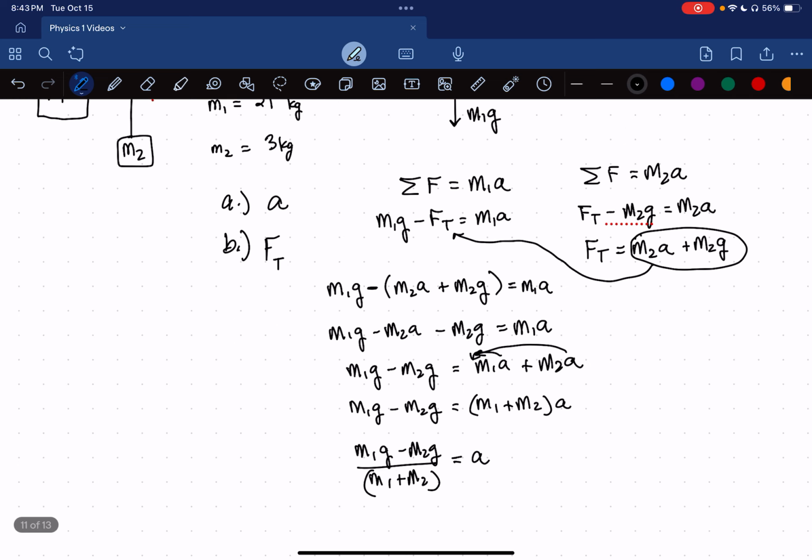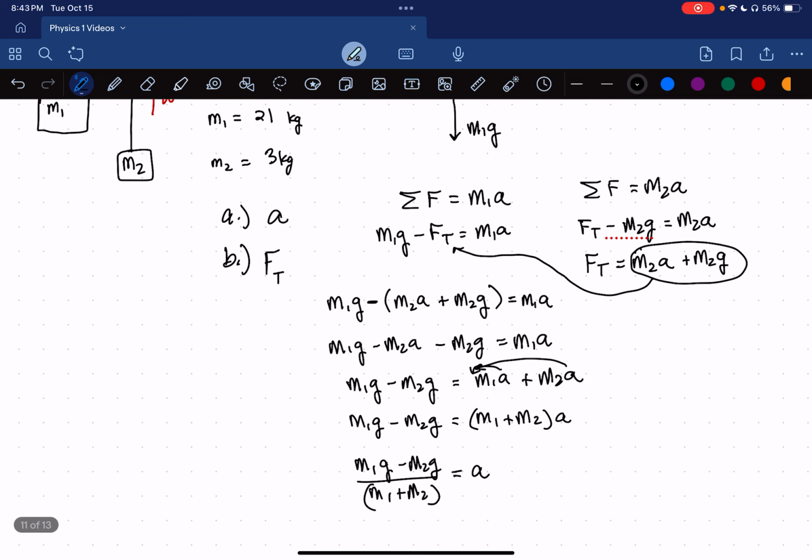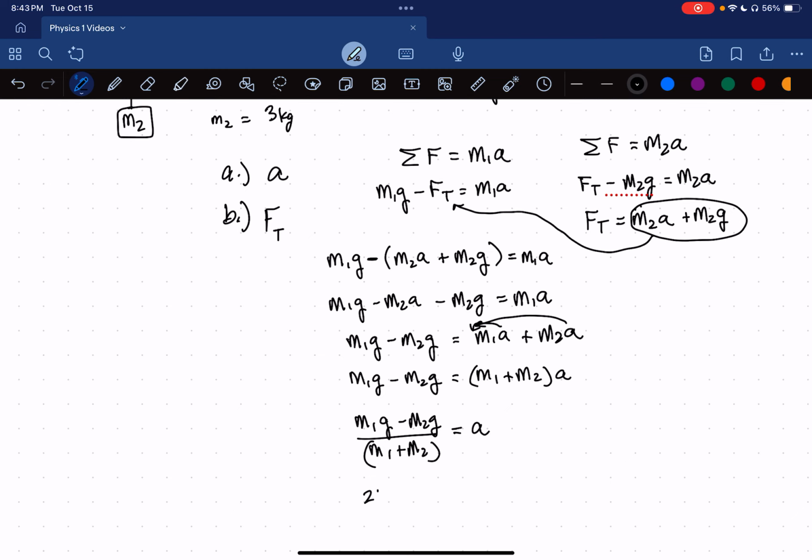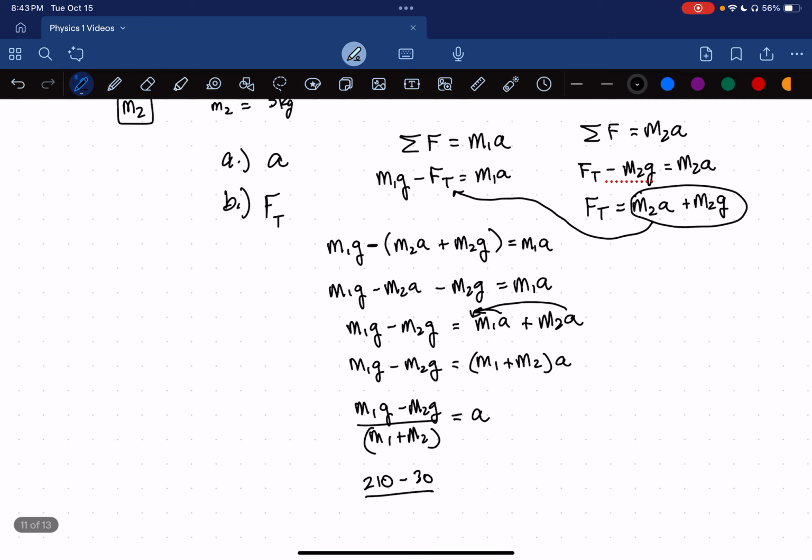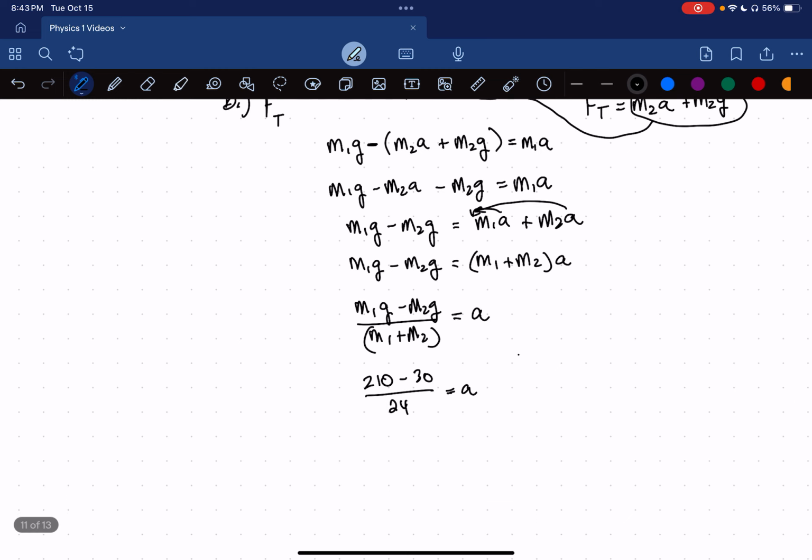Let's go and insert some numbers here. M1 is 21 times g, so that's 210 minus 30 over 21 plus 3, that's 24, equals a. So that looks to me like 180 over 24, and that comes out to 7.5 meters per second squared.